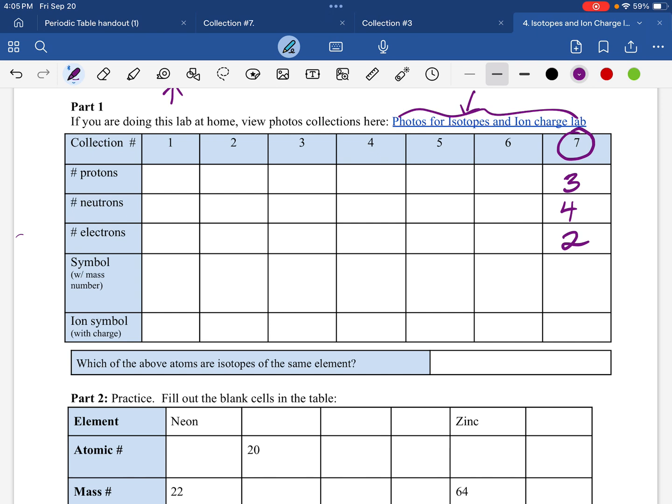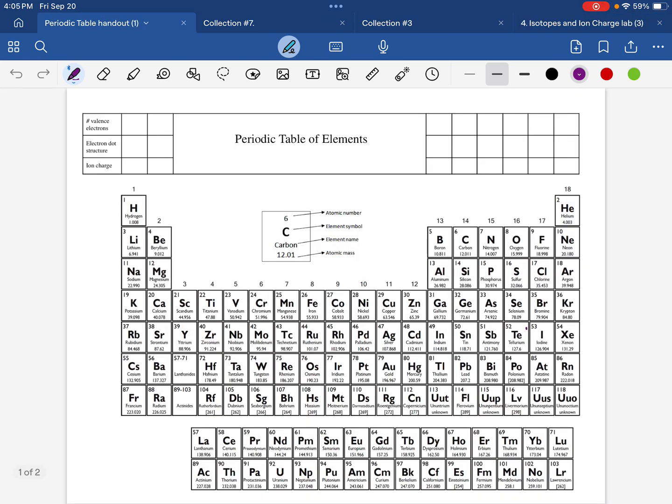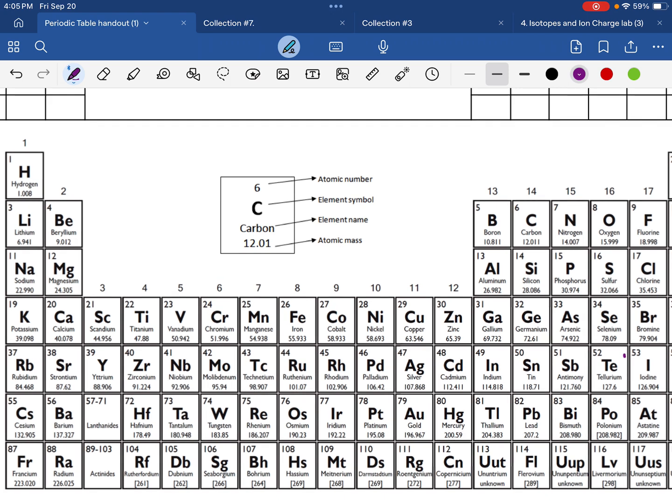Now we have to determine what element it is. The important number for determining the element is the number of protons. So let's look at our periodic table. The number at the top of each element is the atomic number. Very important number.